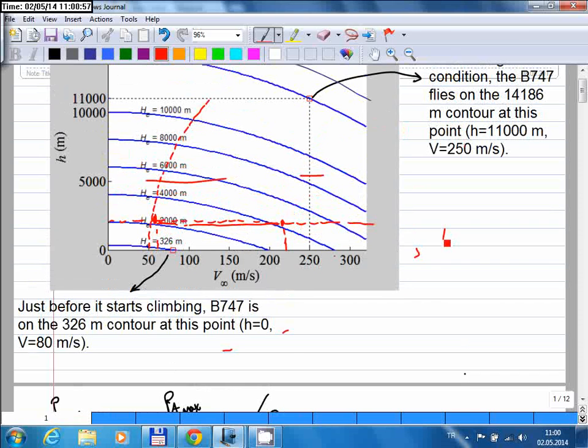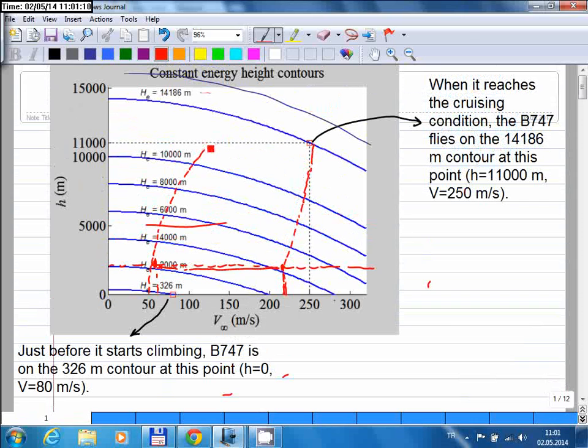I don't really have an exact curve for a real aircraft, so I apologize for that. But anyway, in the end, it will look something like this. So on this constant energy contour plot, only that area is a flyable area, and this will correspond to the absolute ceiling of your aircraft, right? This is the absolute ceiling, and this is the corresponding speed for that.